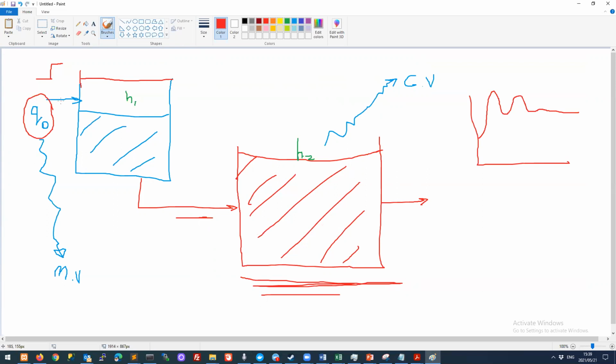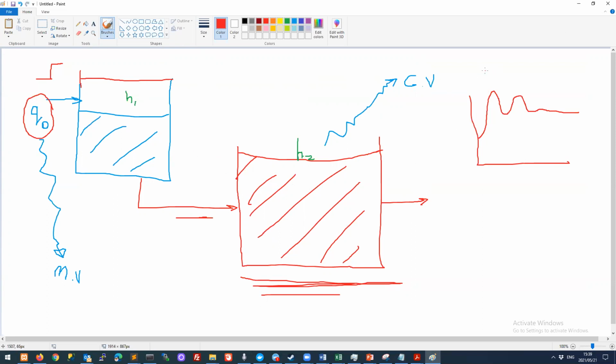So although the flow rate has gone up here, the flow rate here hasn't gone up such that we can counter the flow down here. So there's an imbalance between these two, with the result that the tank level here runs away past what the steady state will eventually be. So the height out here goes up too high, right? It's not yet prepared to get that because of the delay.